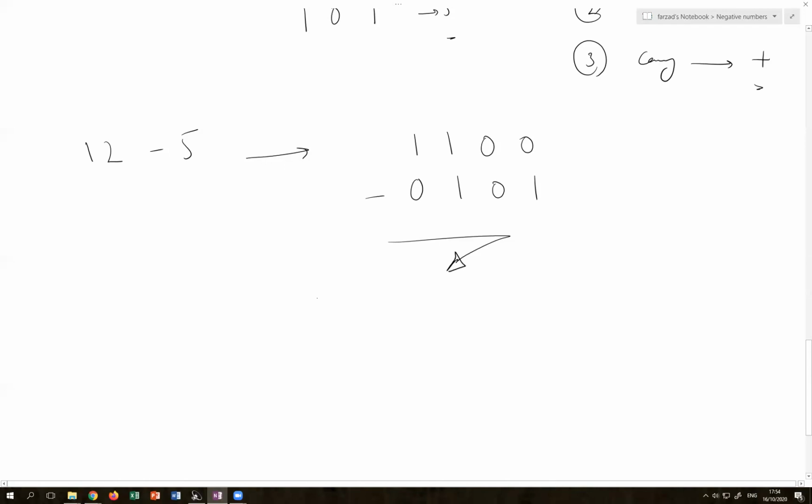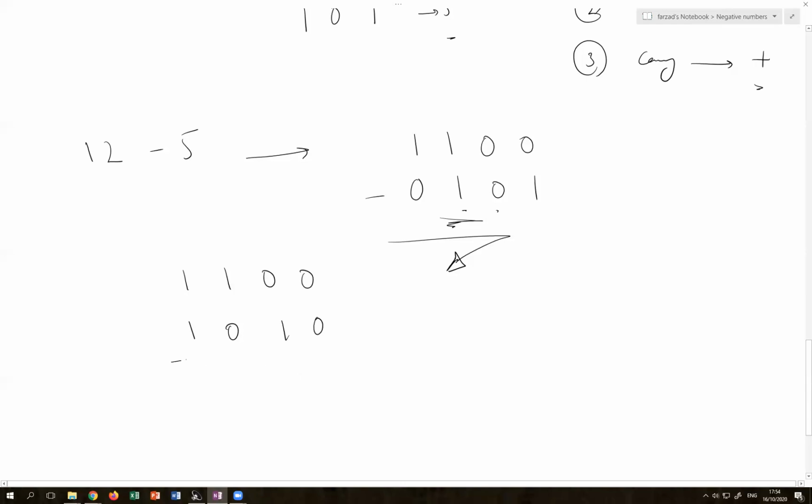By 1's complement. In 1's complement, I told you that you've got to flip the bits. I'll flip the bits for this one. 0 will be 1, 1 will be 0, 0 will be 1, 1 is 0. I flip the bits.